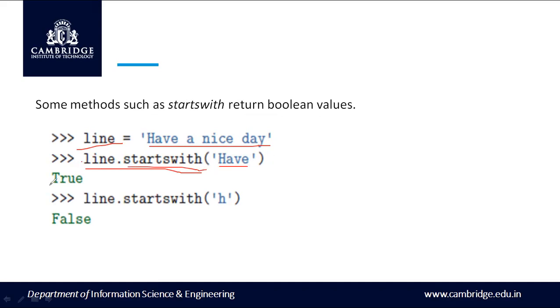It returns true because this particular line starts with have. I also check with another string, that is h. I check whether the line starts with lowercase h. It returns false because this particular line starts with uppercase H.